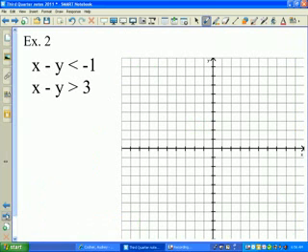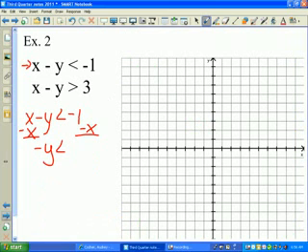So first things first, are we in slope-intercept form? No, we're not. So we need to convert that into slope-intercept form, meaning we have x minus y is less than -1. We need to solve for y. So we're going to subtract x on both sides.